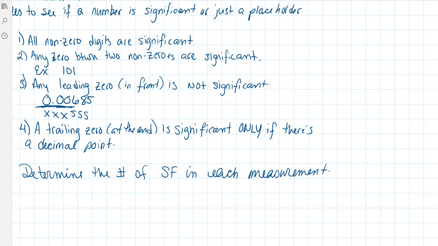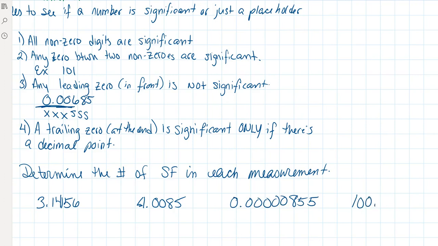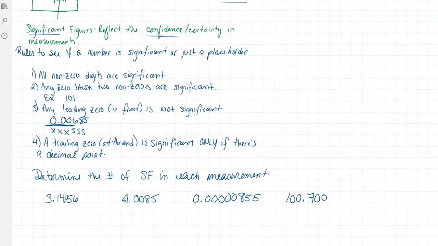So if I were to give 3.14156, if I were to give 4.0085, if I were to give 0.0000855, if I were to give 100.700, and we'll do one more.